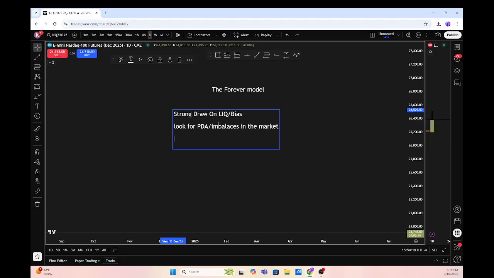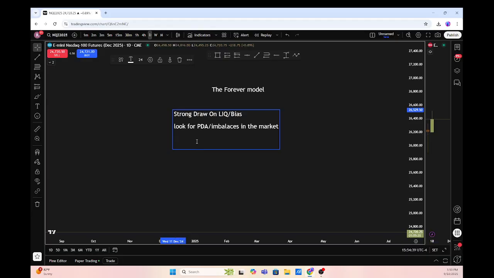So PD arrays or imbalances like fair value gaps and stuff like that, those are a key factor in the trade setup. That is the start of my model. When I see a PD array in the market, that's when I know to start looking for my model once we tag into that, right?